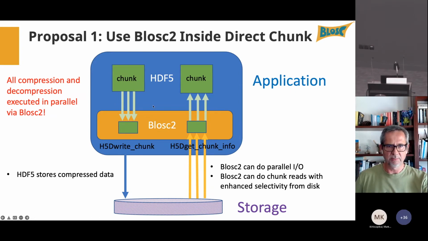So all the compression and decompression executes in parallel. HDF5 is just responsible for reading and writing data and for telling Blosc2 where to find the data, which is the offset of the compressed chunk in the storage in the HDF5 file.